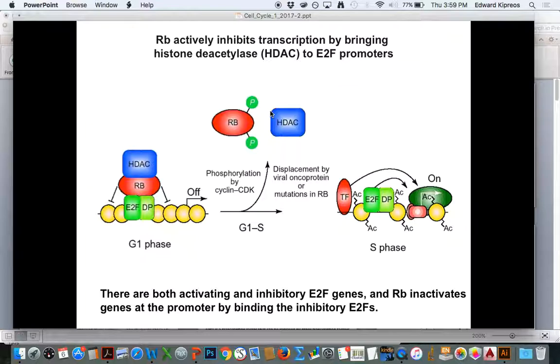So they're active in binding it, but because they're repressing E2Fs, when they bring RB to this region, it represses the transcription. They're going to be inhibiting the transcription in part because RB can interact with HDAC, histone deacetylase.